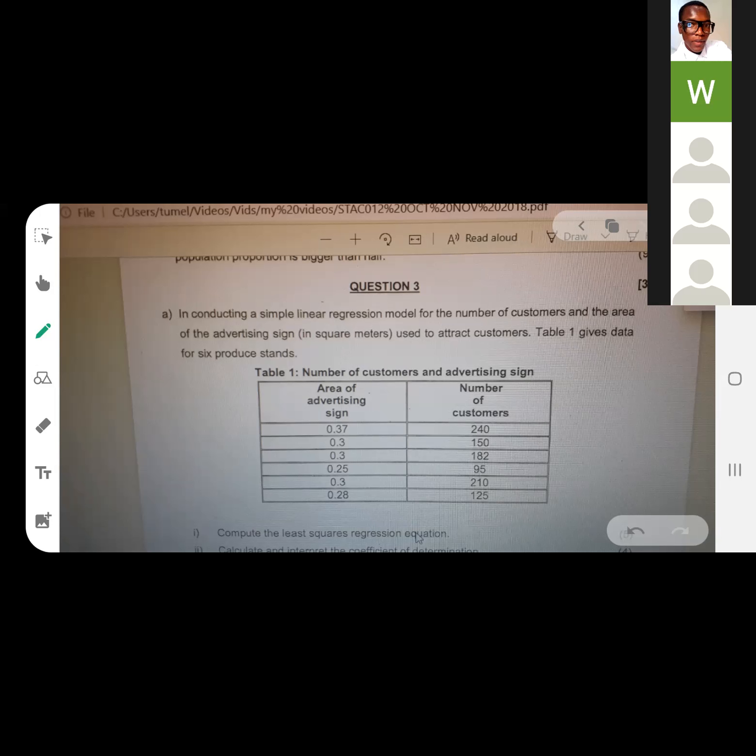The area of advertising sign is the independent variable. Therefore, what is the predictor variable in this experiment? It's the area of the advertising sign. What is the exogenous variable in this experiment? The area of advertising sign.